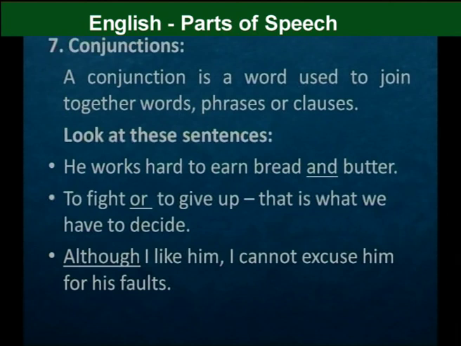And if we move on to the third sentence, although I like him, I cannot excuse him for his faults. So, although is a word, and it joins two clauses. I like him, I can't excuse him for his faults. Two clauses are there and these two clauses are joined together by the conjunction although.